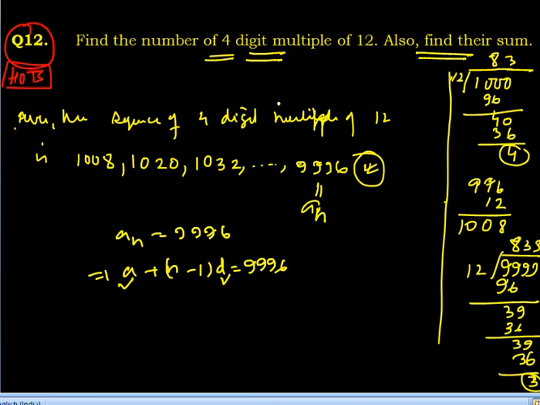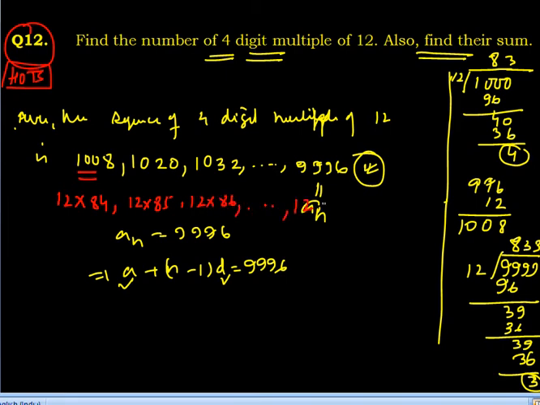But again I'd like to tell you that there is a shortcut which of course will not be accepted if you do it on the board. Instead of writing 1008, you can write 12 into 84. Next will obviously be 12 into 85, then 12 into 86.